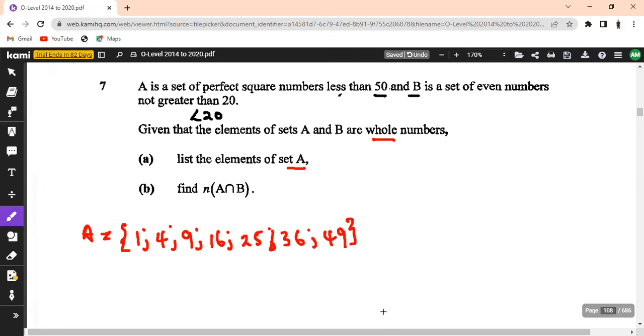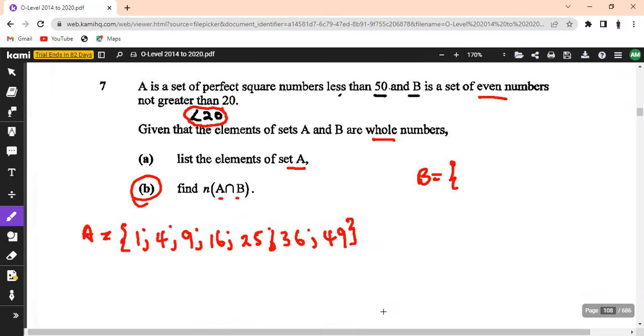And for the number of elements in A intersection B, we have to know the set B first. So we must know what is in B. In B, these are even numbers, and they are less than 20, which means not equal to 20, but less than.